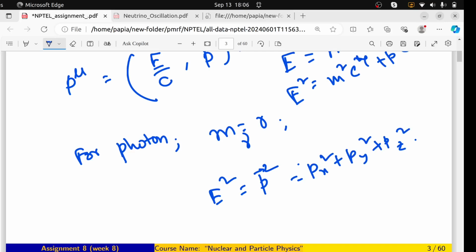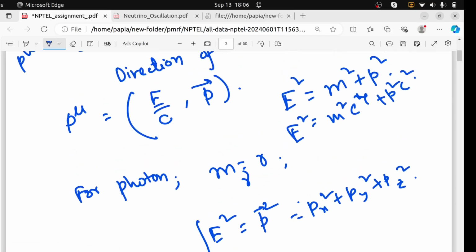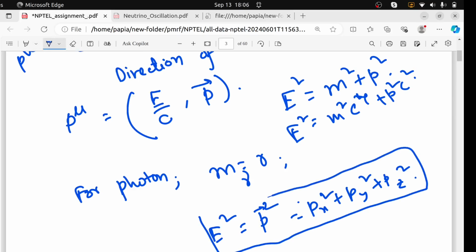For the photon only, because there is no M gamma for this photon. So this is the first expression we got from the photon condition that it has rest mass 0.